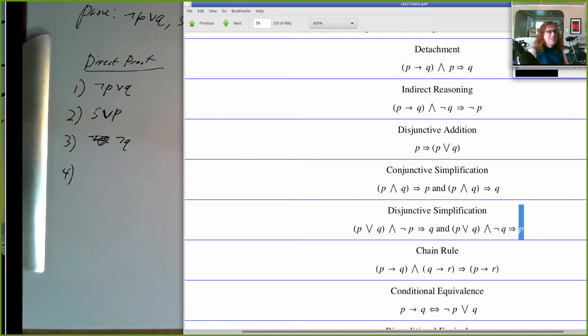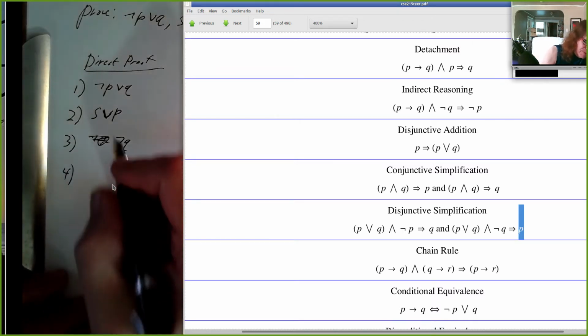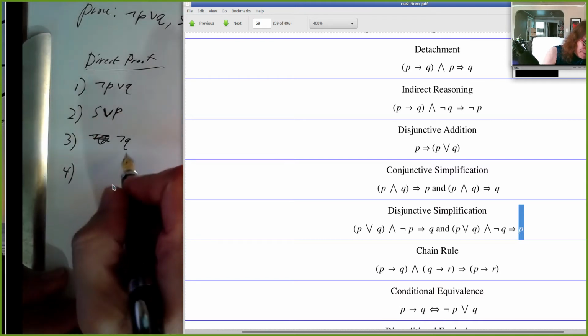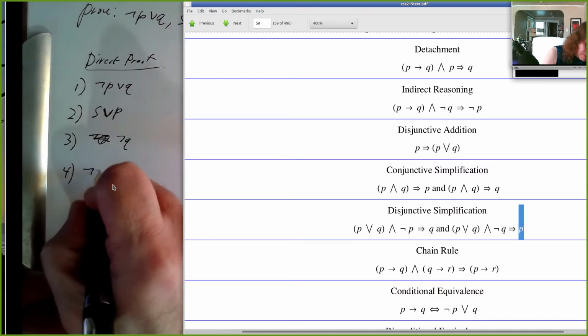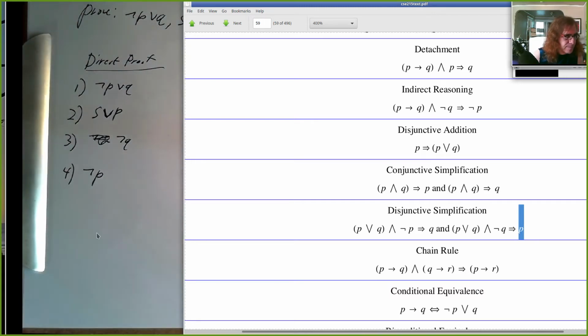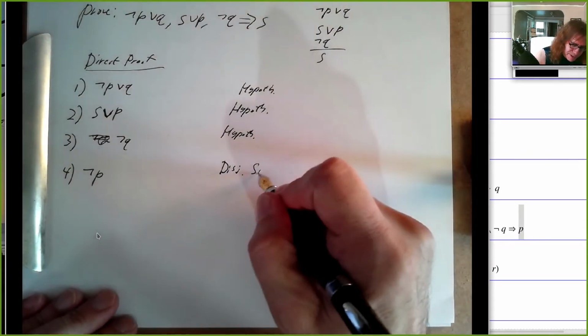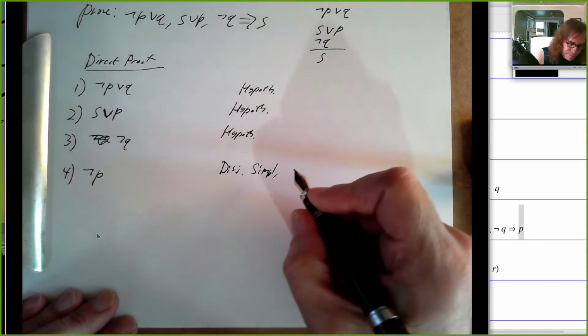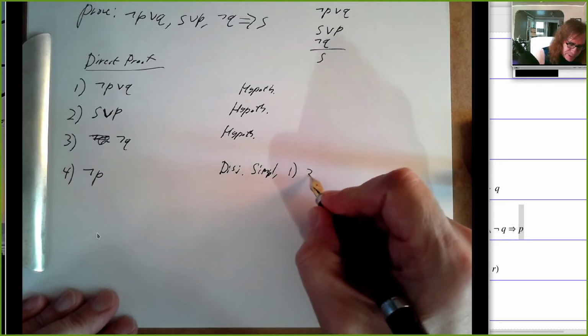But we already have an OR of two things here, so I'm not sure addition would help us there. But simplification, I think, does. So we have not P or Q, and we also know Q is false. We can conclude not P. And that's disjunctive simplification between 1 and 3.